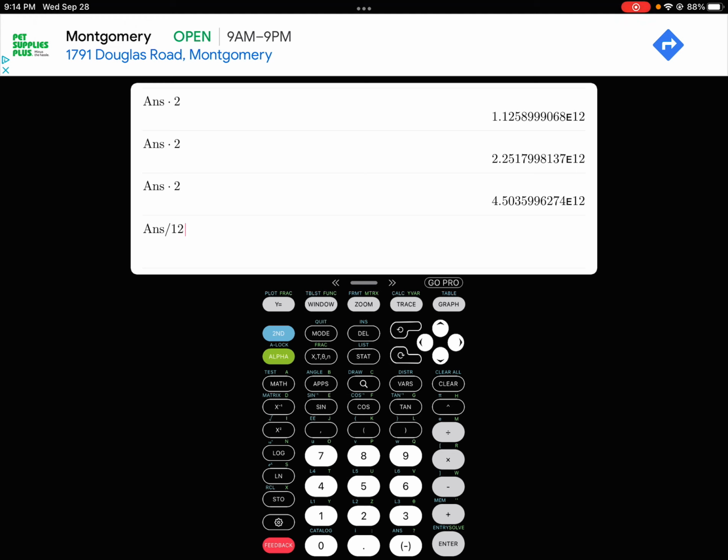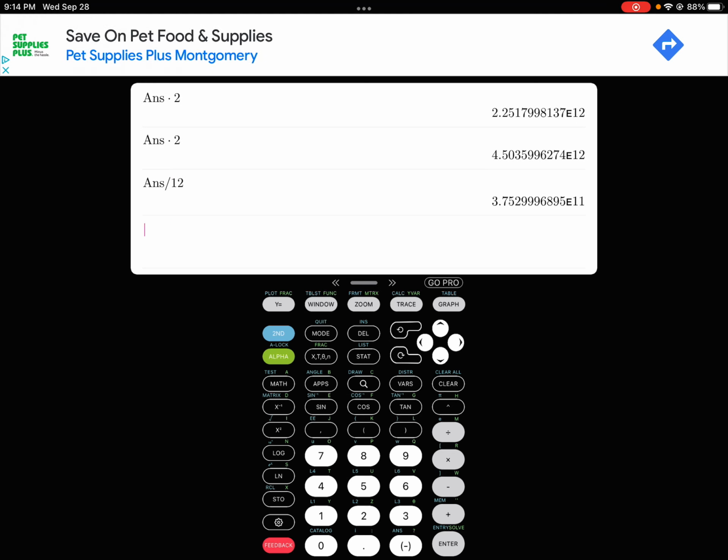So let's go ahead and divide that by 12. This is how many feet that is. 3.75 times 10 to the 11 feet. Well, there's 5,280 feet in a mile. So this is, let's see, 71 million miles is how tall our piece of paper would be after 50 folds.